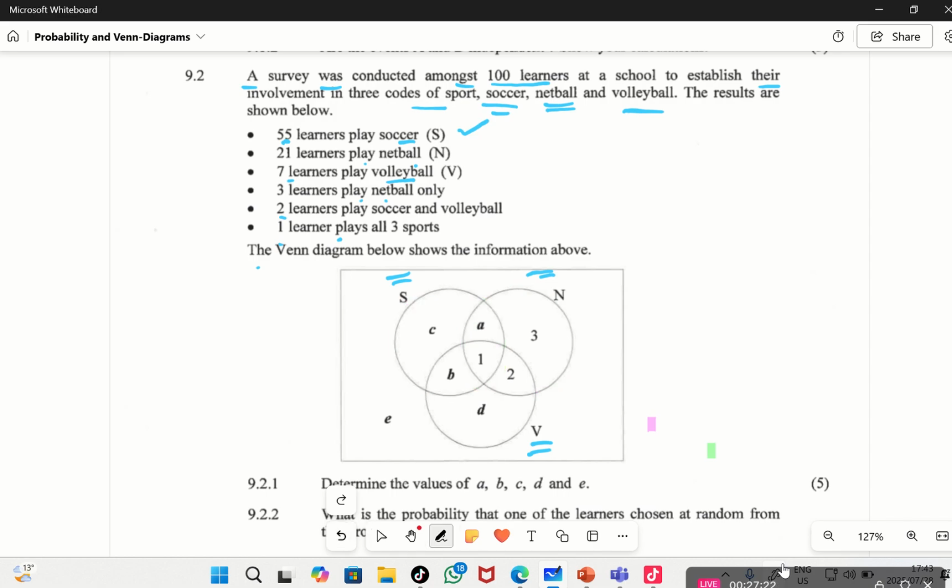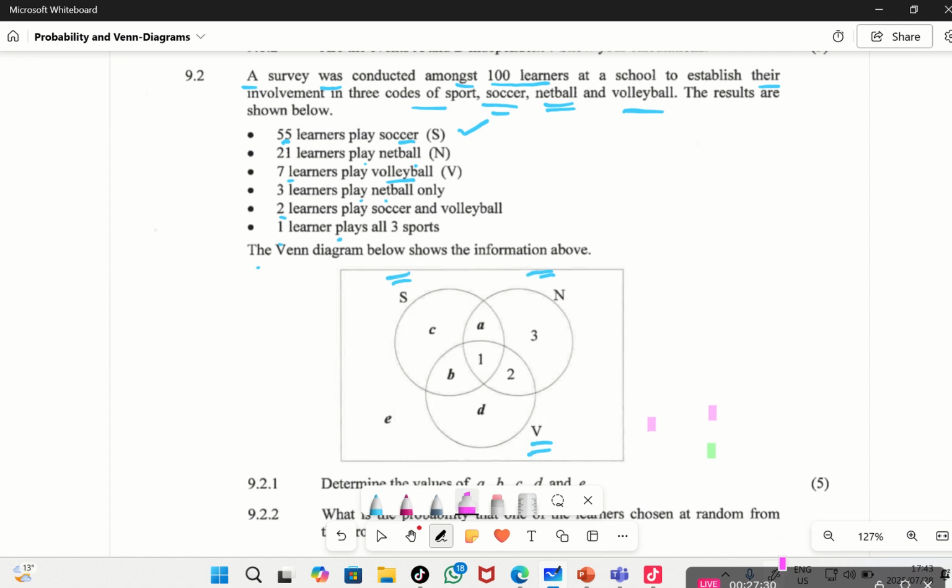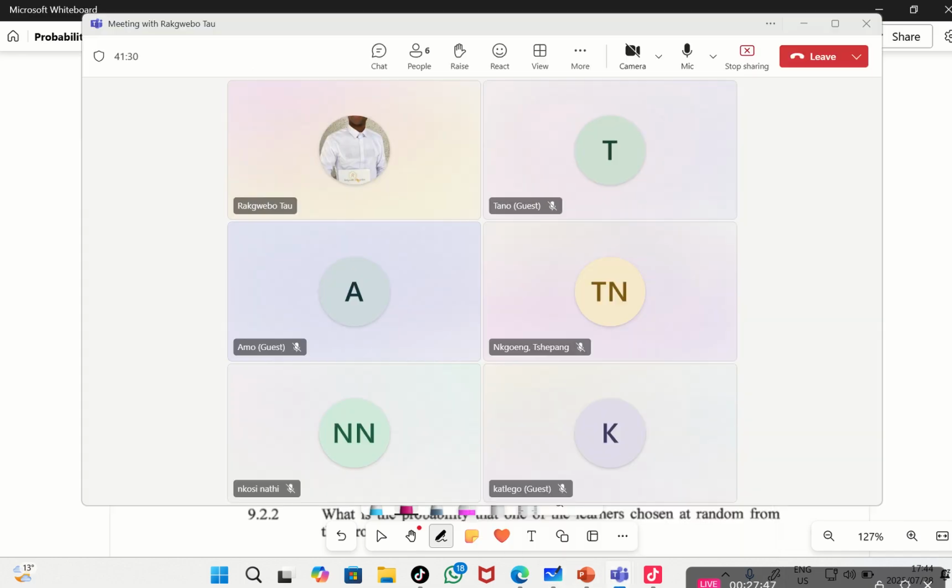Yes? Please speak. Let us also look at this region. This region is the number of learners who play both soccer and volleyball. The number of learners is B plus 1. Are we happy?